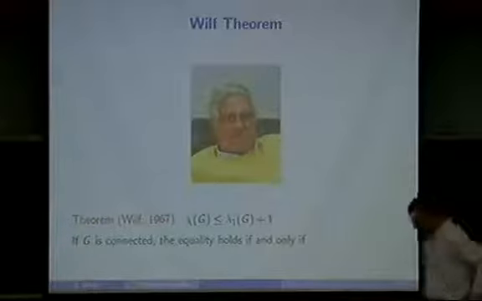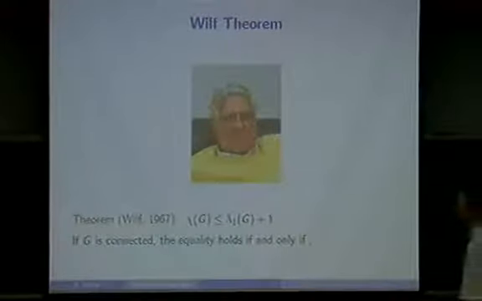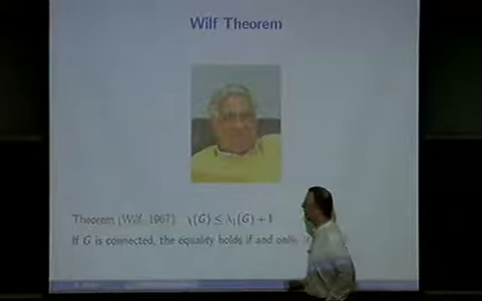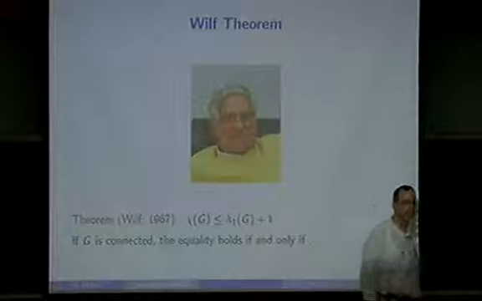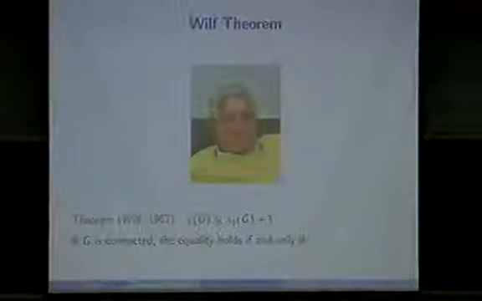Let me now switch to story number 2, Wilf's Theorem. Wilf found this interesting enough result, an upper bound on the chromatic number in terms of the maximum eigenvalue of a graph. So this looks like Brooks' theorem.